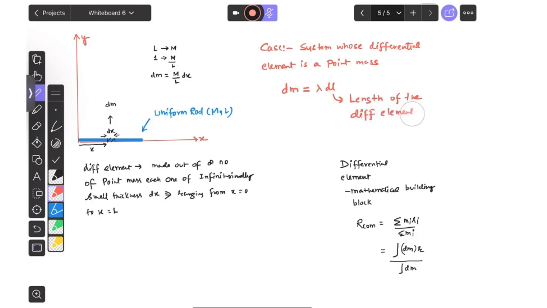And what really that lambda is, it is going to be the linear mass density. In this example, that linear mass density is constant, and that is m by L. So this is our linear mass density. And dm is the mass of the differential element.